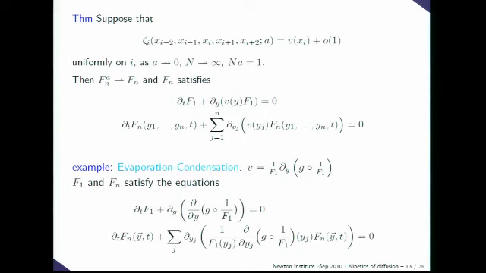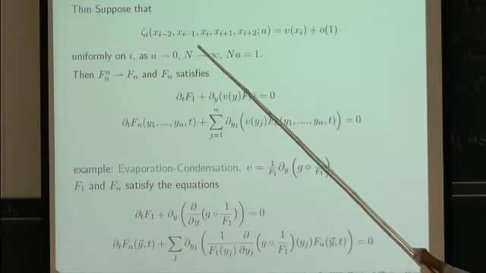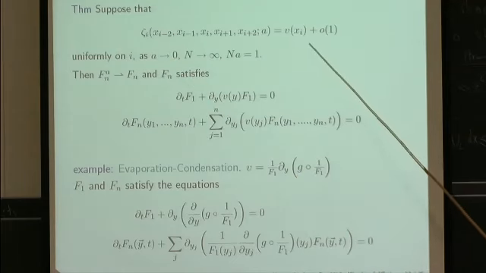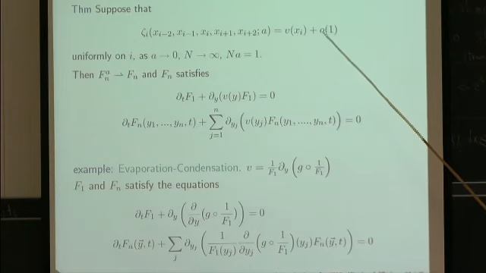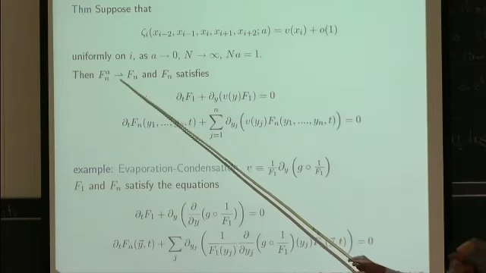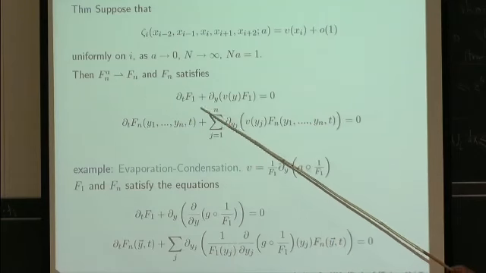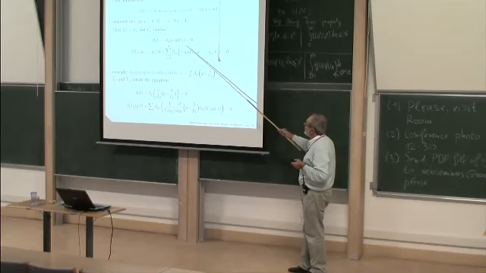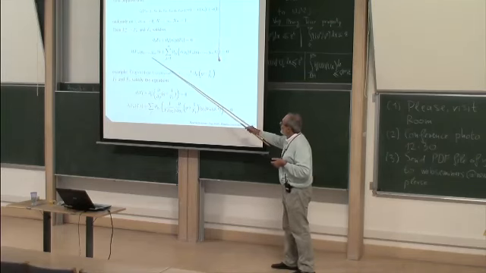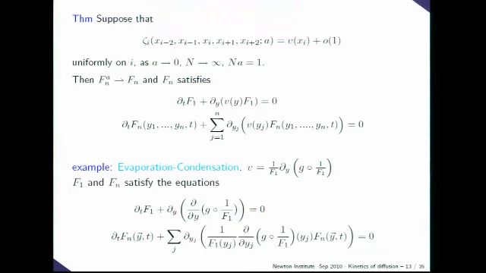Then you can prove the following thing, working directly with the hierarchy: if the function zi that is on the right has this kind of feature, that is, within leading order it is v at the position xi plus small o of 1, then the limit you can compute, and it is given by this function. This is what f1 satisfies, and the nth order function would satisfy this kind of equation here.